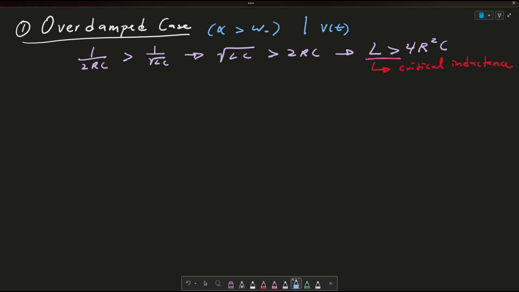All right, from the previous video, we said that this v of t is equal to A1 e to the S1 t plus A2 e to the S2 t.